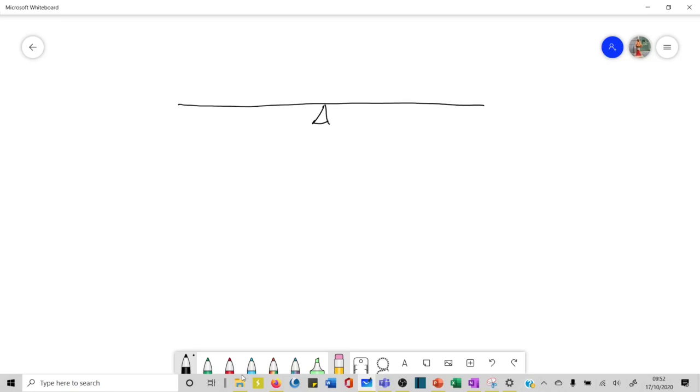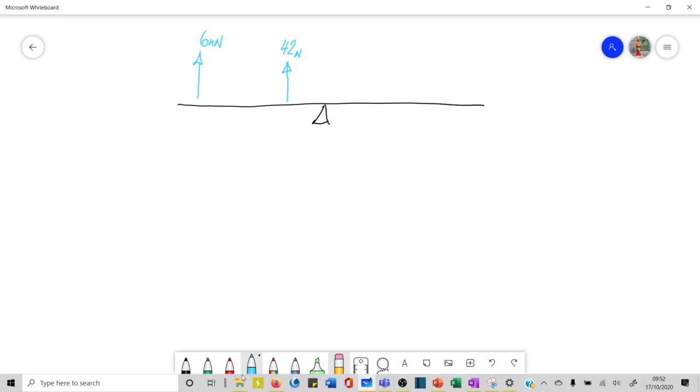So let's suppose we've got, let's draw the forces in. We've got a force here, let's say that's 6 kilonewton. Let's take another one here, let's say we've got 42 Newton.